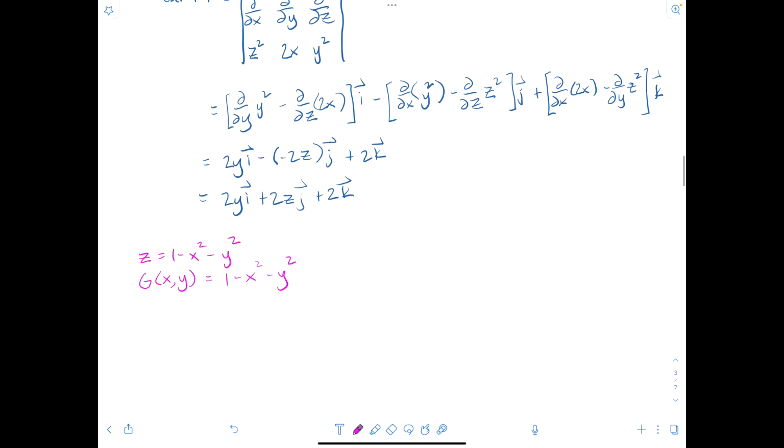And so G_x will be negative 2x, G_y will be negative 2y, z will be 0, and so dz is 0.